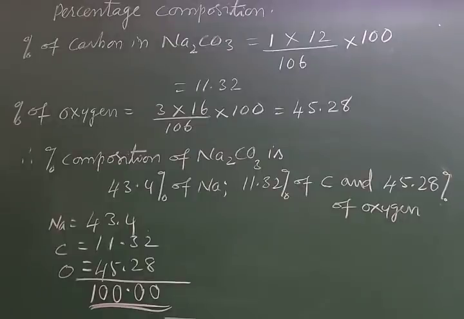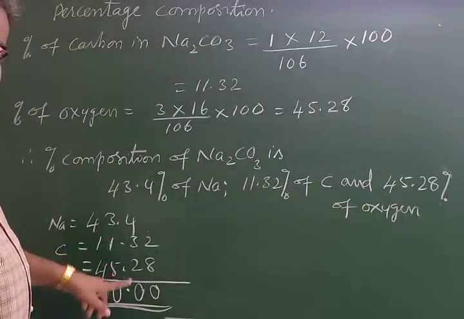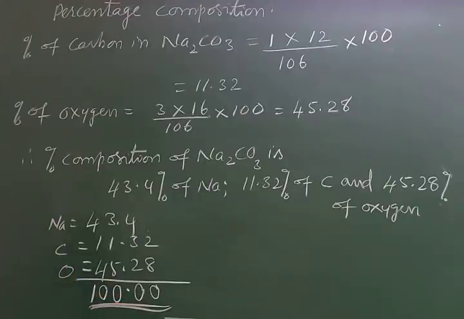That means 100 grams of sodium carbonate contains 43.4 grams of sodium, 11.32 grams of carbon and 45.28 grams of oxygen, or 100 parts by mass of sodium carbonate. The parts by mass may be either grams or kilograms or tons or even quintals, like that.